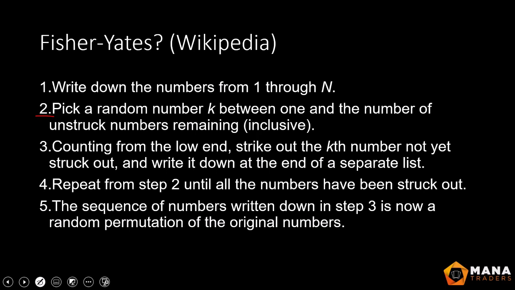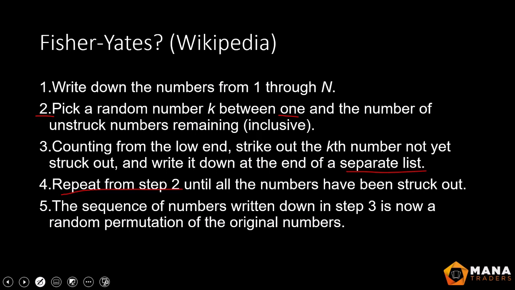It's removed from the list and transferred to a separate list, which will be your output. You then go back to step 2, meaning you now pick a random number between 1 and the number of unstruck numbers remaining. Since you have struck out one number, now you choose from 1 to big N minus 1.